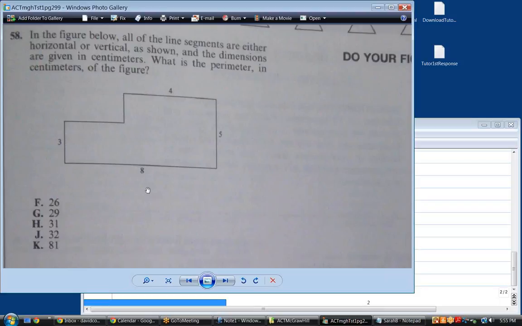Everything's a right angle there. In this particular problem, you could actually do it the hard way. In other words, you can figure out what this dimension is and what this dimension is. What is this dimension? That would be 2. What is this dimension? 4. So now you just add them all up.